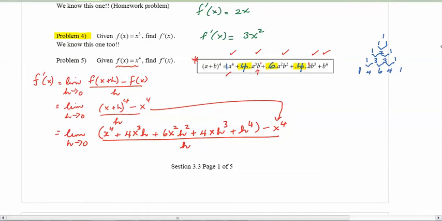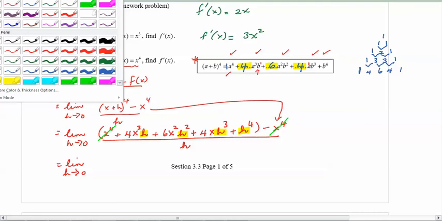Right, if we look, when we simplify the numerator, you will see that the x to the 4ths add to 0, and then when I look at what's left in the numerator, and this is becoming really easy for you by now, there's a common factor of h. h occurs in each of the terms in the numerator.